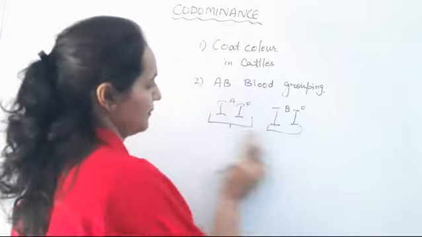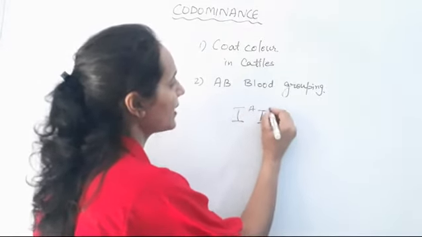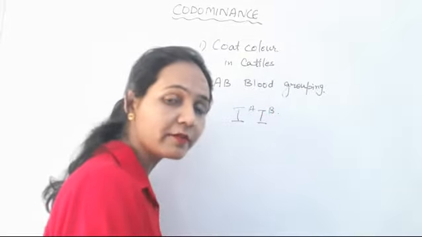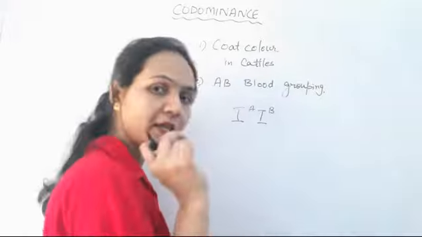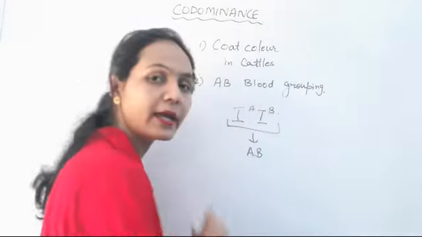What if this is the case, IA and IB? Here both are dominant, both are expressive, isn't it? So they express equally and the blood group will be AB.